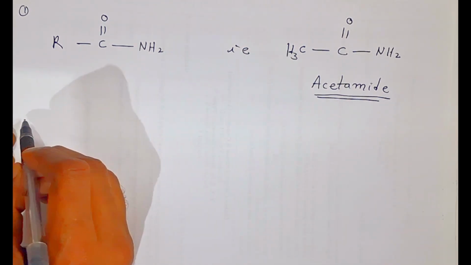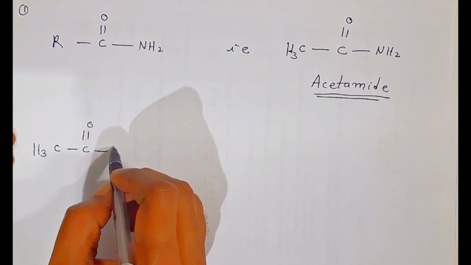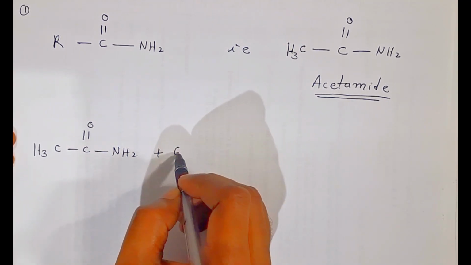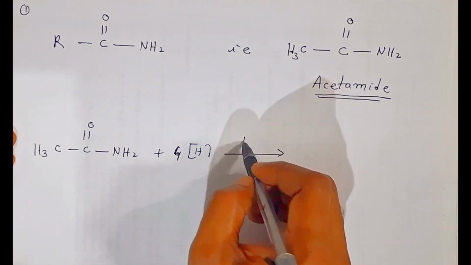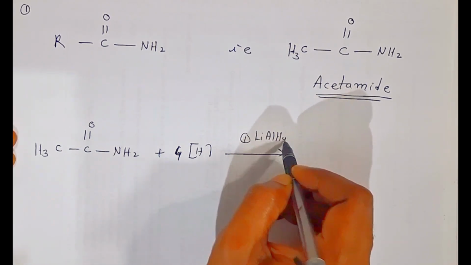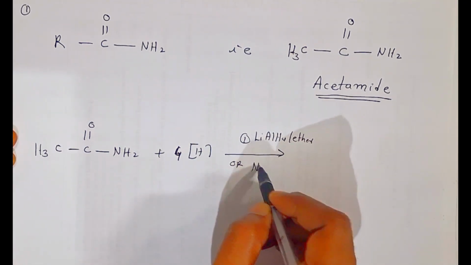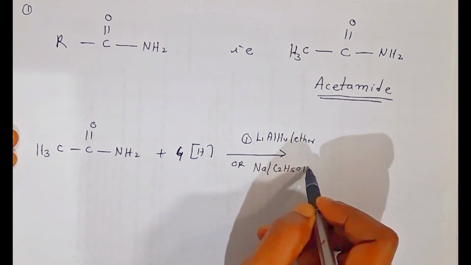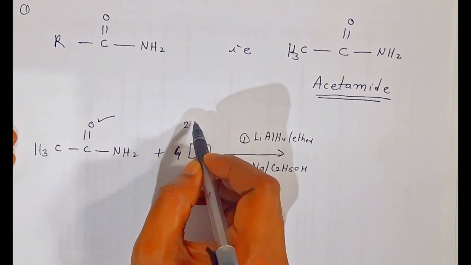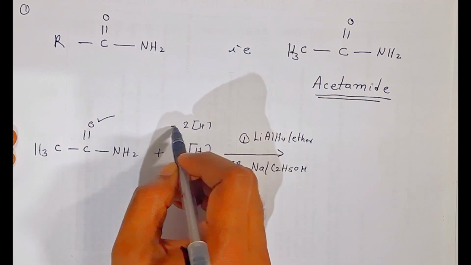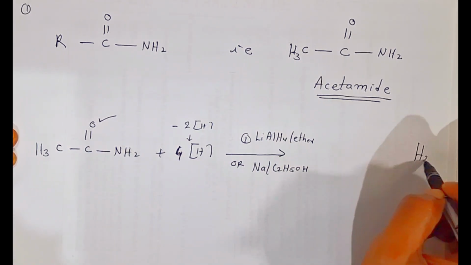Here CH3, carbonyl and NH2. Now it is combined with 4 nascent hydrogens, which come from lithium aluminum hydride in contact with ether, or you can add sodium in ethanol. This oxygen combines with 2 of the 4 nascent hydrogens and is removed as a water molecule.